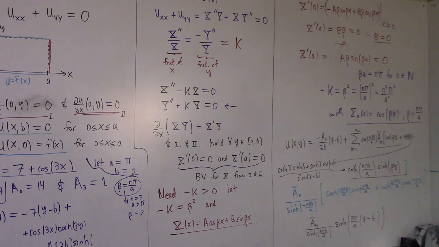Beta y, which was 3y, right? Oh, this is also times the cosine of 3x, right? That cosine 3x multiplies everything.